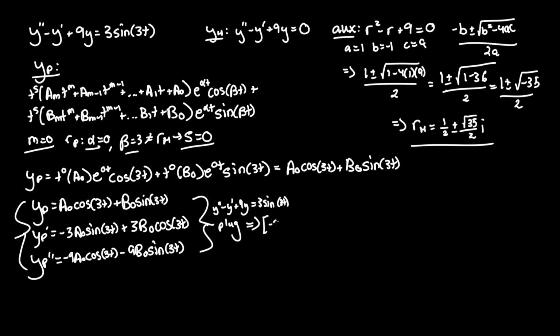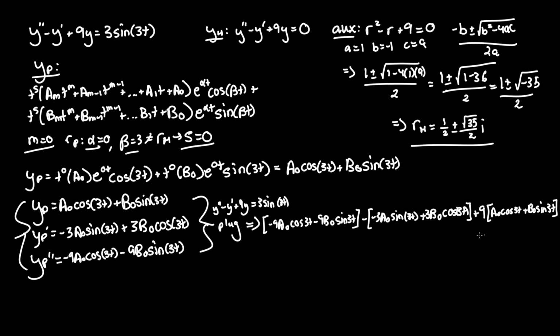So y double prime is negative 9 a sub 0 cosine of 3t minus 9 b sub 0 sine of 3t, trying to write as small as possible, minus y prime, which is minus 3 a sub 0 sine of 3t plus 3 b sub 0 cosine of 3t, plus 9y, which is our simplest term, a sub 0 cosine of 3t plus b sub 0 sine of 3t. And that all equals, I'll move it up here, 3 sine of 3t.